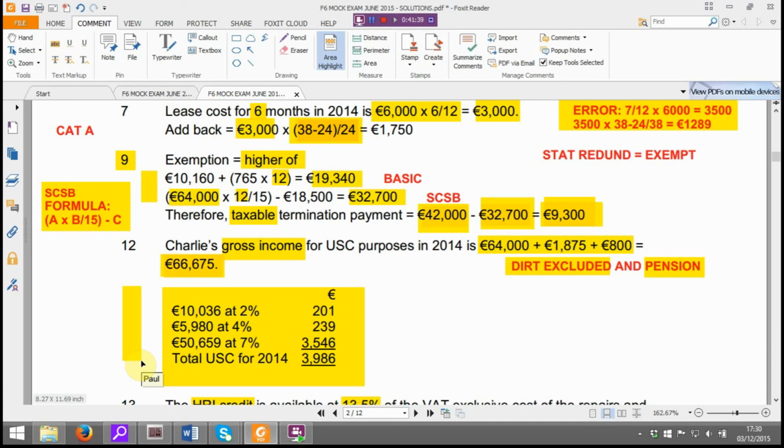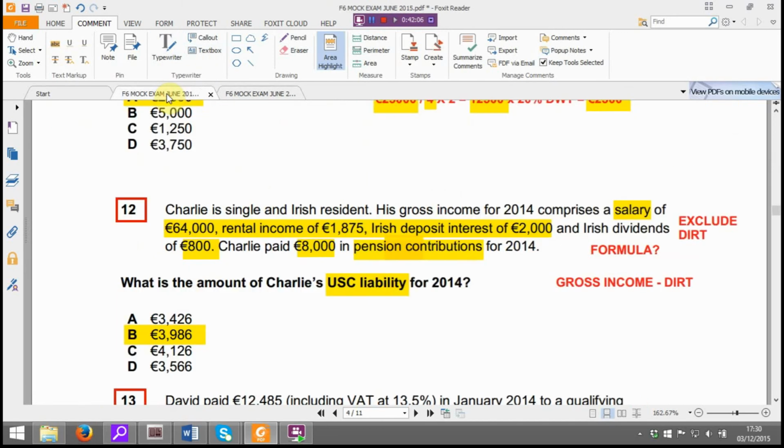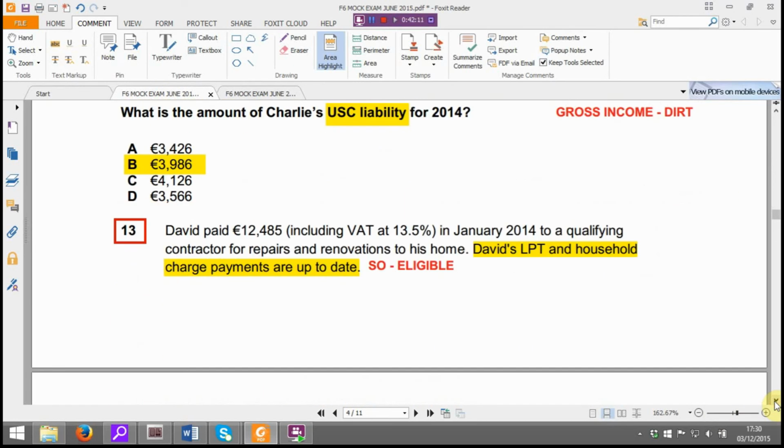Watch out for DIRT being excluded from the USC calculation, but included in the PRSI calculation, and watch out for how income is reduced for either one. The only thing that you're allowed as a deduction is basically, or the main thing, is capital allowances. Pensions certainly won't reduce income for either USC or PRSI. Okay, so that's number 12. The answer in this case is B as shown.